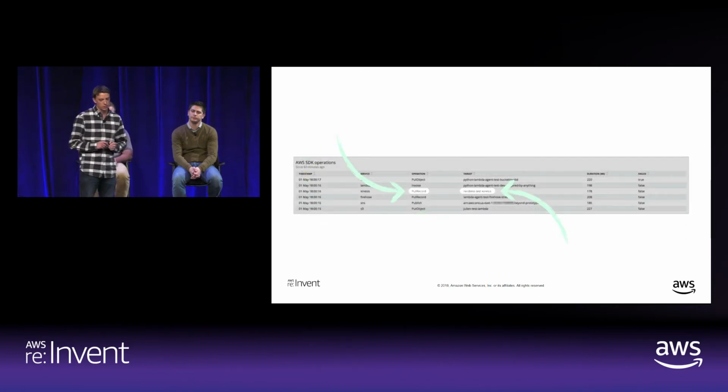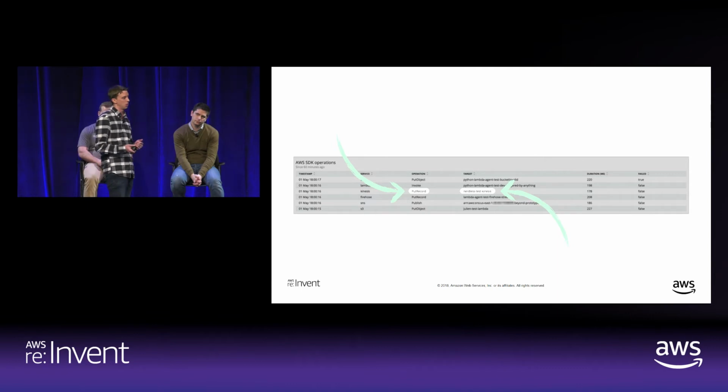SDK operations. So this is potentially one of the most critical areas. So there are exceptions, but in serverless environments, it's pretty reliable that you'll have a few of your own custom components, but you'll use a lot of AWS managed components. So if you're using DynamoDB and S3 in the context of a Lambda, it's pretty important that we instrument the level of detail that's required to get you to an answer quickly when something is going wrong there.